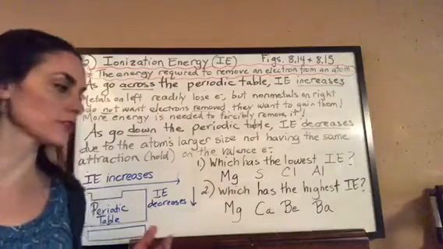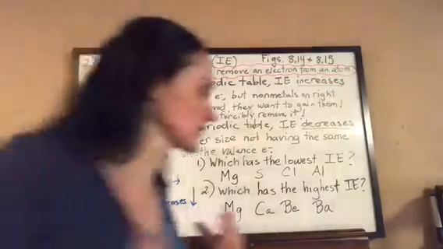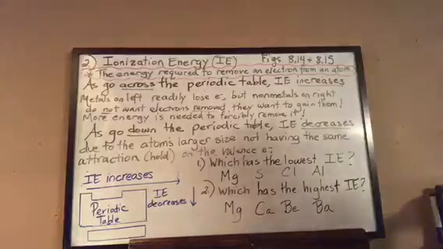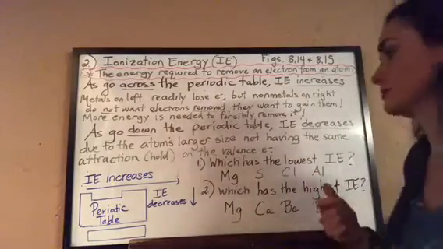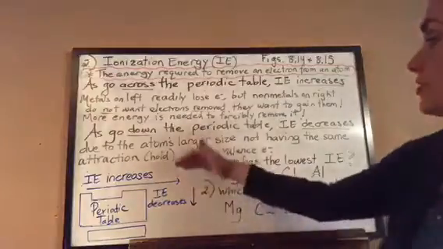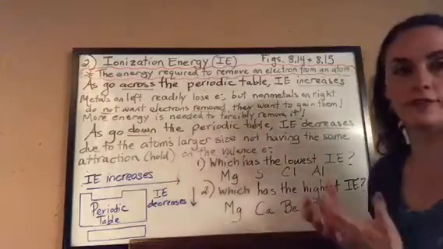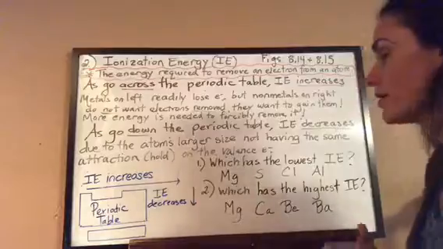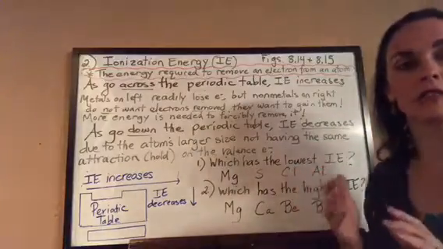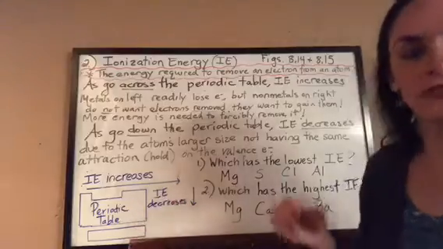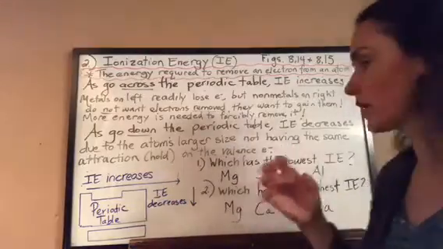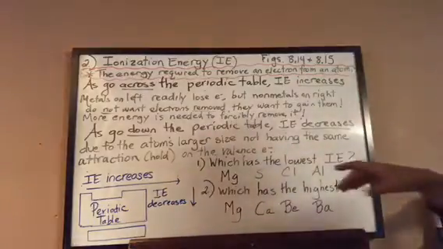That atom gets larger, so those outermost valence electrons do not have the same attraction to the positive nucleus as if it was a smaller atom. So the ionization energy decreases as you go down because you don't have that same attraction or hold. So those outermost valence electrons can be removed with less energy than if it was a smaller atom which has a tighter grip or tighter hold, okay?